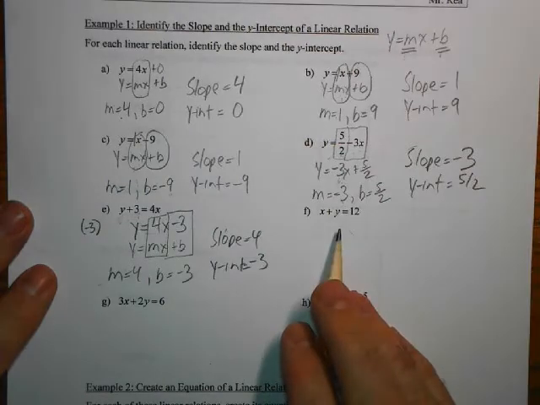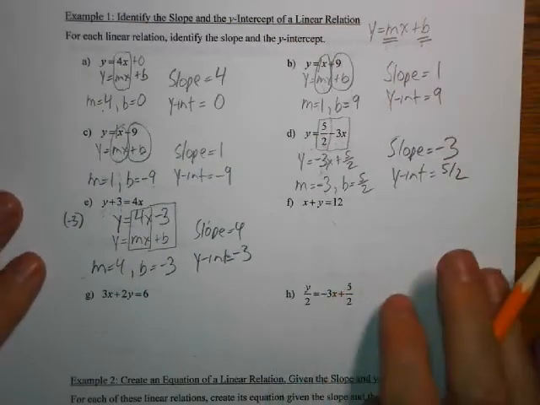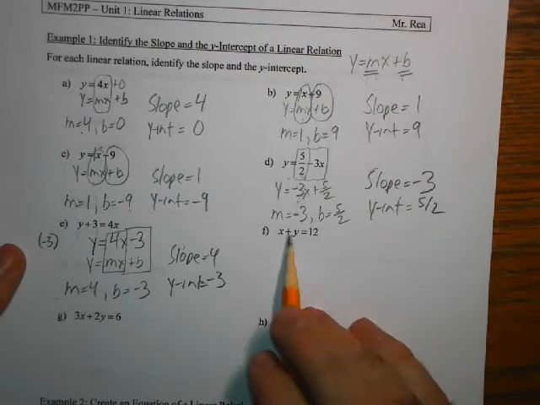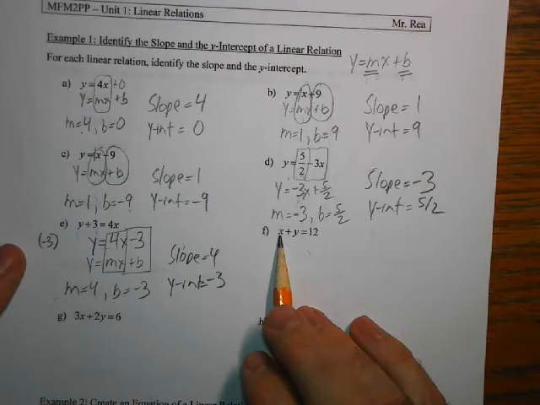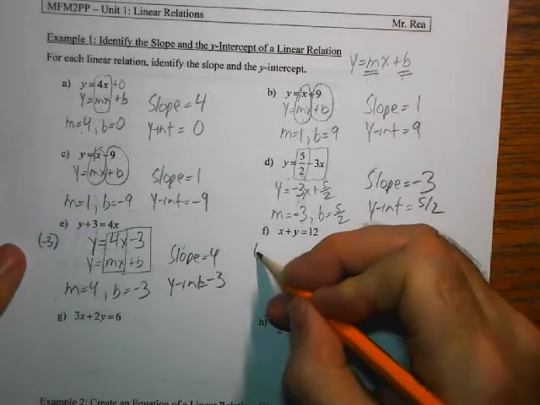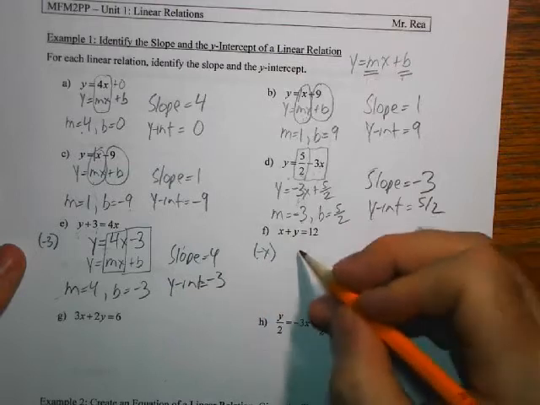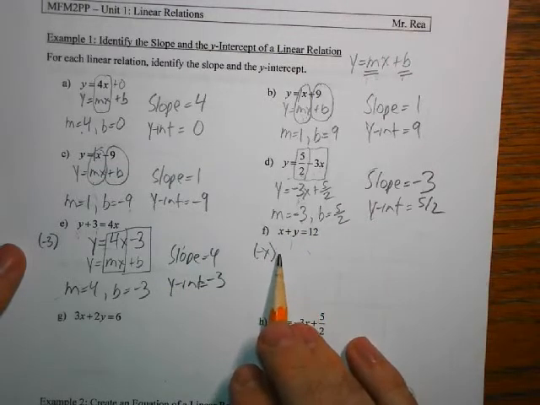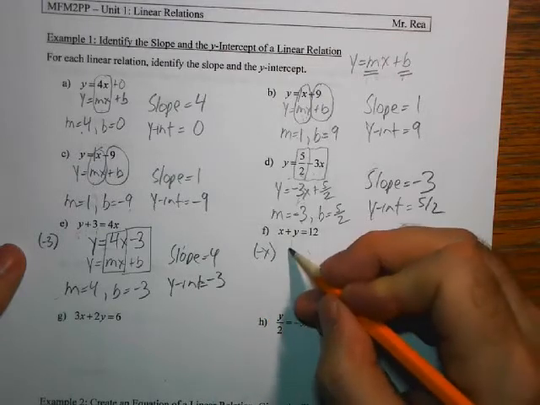Okay, let's move over to this one. x plus y equals 12. Again, we don't have the y by itself. What do I have to do to both sides? Well, right now I'm adding x to the y, so I have to subtract x from both sides. So when I do that on the left side, the x minus x, they cancel each other out. I get y.